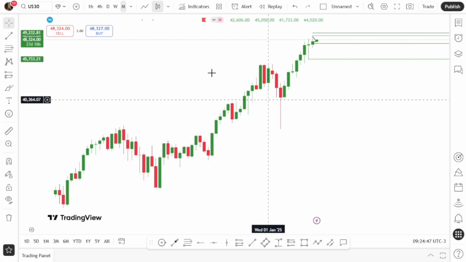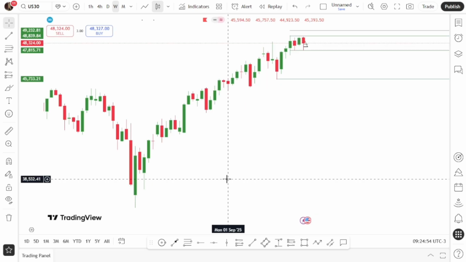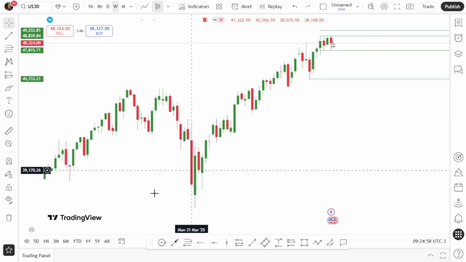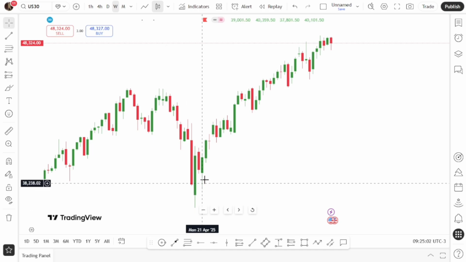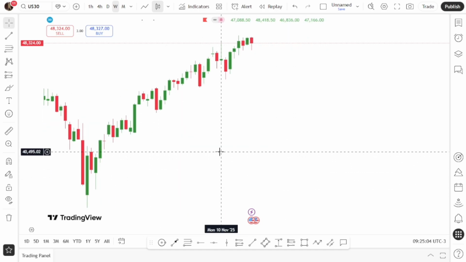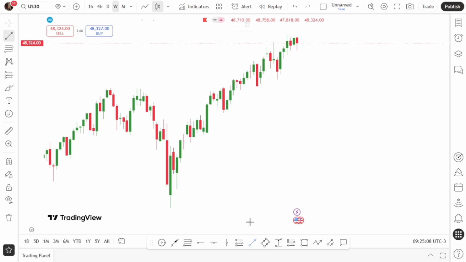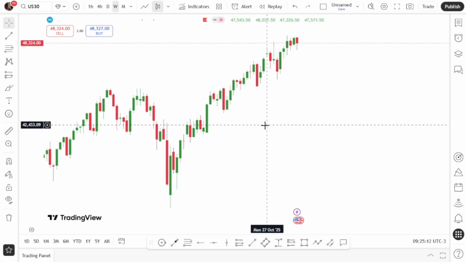Now we scale down to the weekly time frame. I use the weekly time frame to do two things: to check the overall direction of price, and to check if I can mark any major key levels. Now let me take out all these drawings. The overall direction is that price is still very bullish. That is number one.